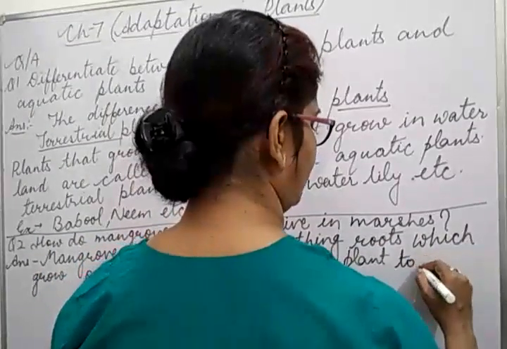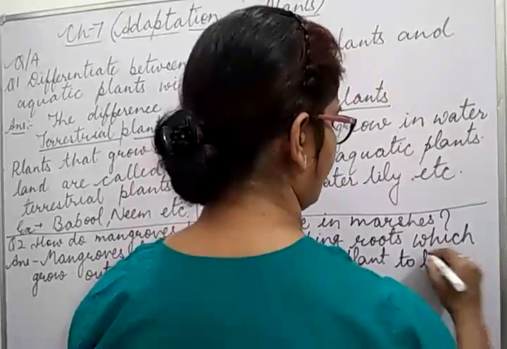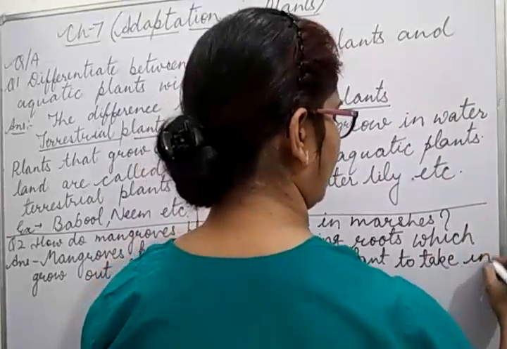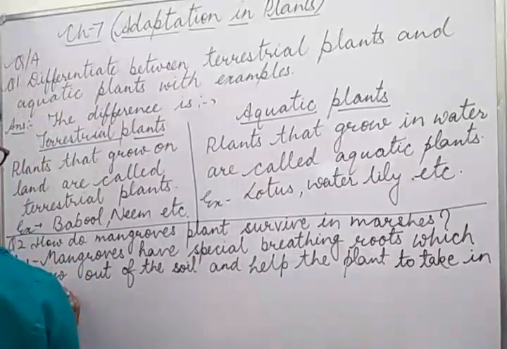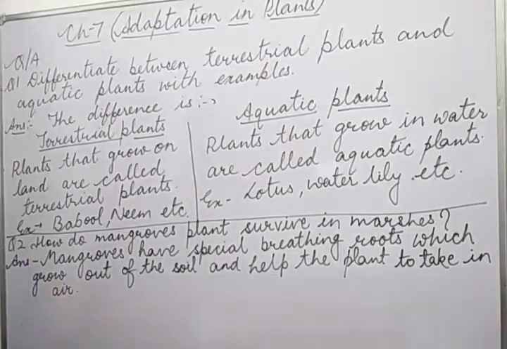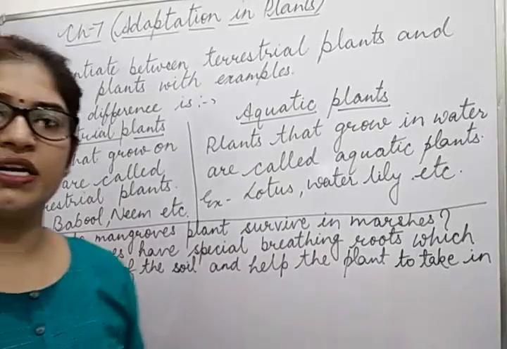To take in air means it helps it to breathe. Okay, air लेने में help करते हैं. That's why they can grow in marshy area.